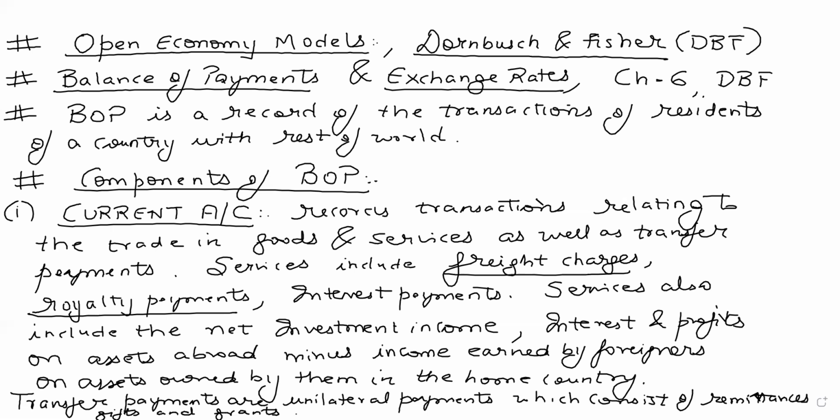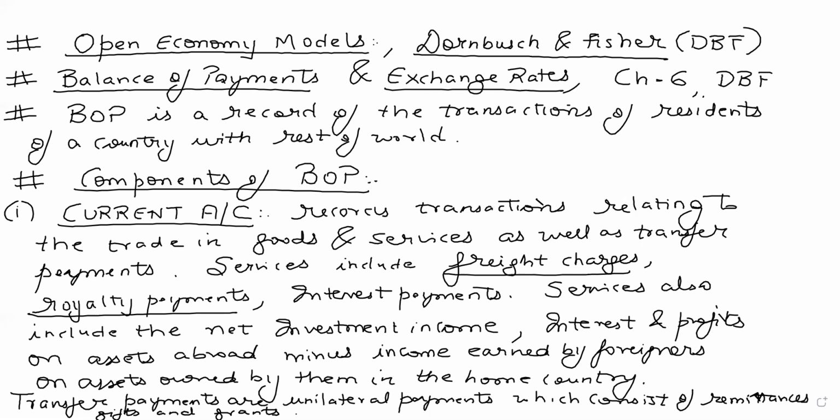So basically, guys, those payments which are not leading to production of any good or service are transfer payments. You receive gifts from your relatives living abroad. You receive grants abroad. You receive remittances from abroad. All of these are transfer payments.